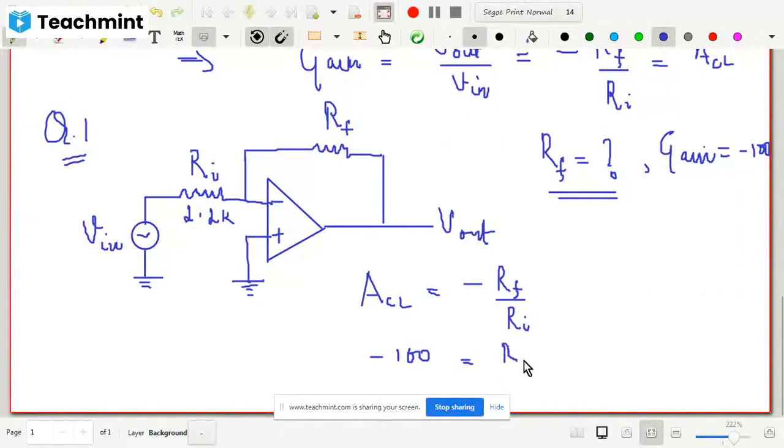We need to calculate it, minus Rf divided by Ri. So Ri is 2.2 kilo ohm K. Now it's a very simple calculation. You cancel the minus signs, you multiply this 2.2 with this 100, that would be your output resistor, sorry, feedback resistor. So you can calculate it and find Rf. You will get it to be around 220 kilo ohm. I'm just writing K here. Okay, so a very simple question.